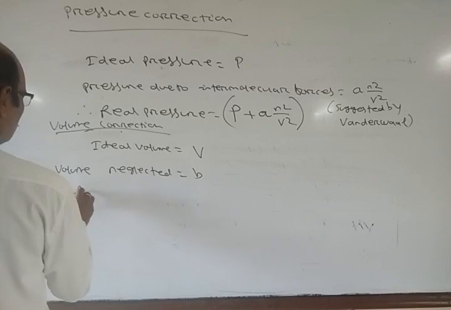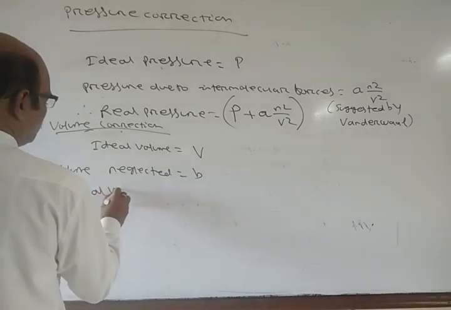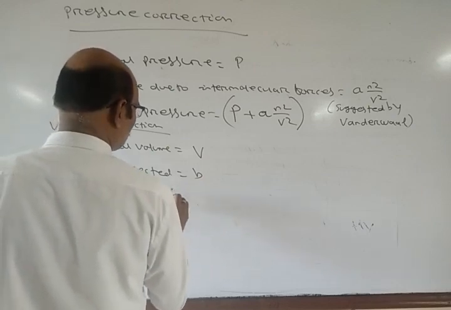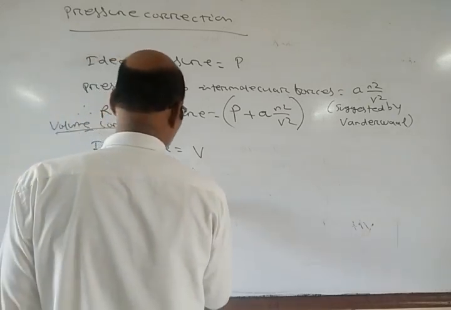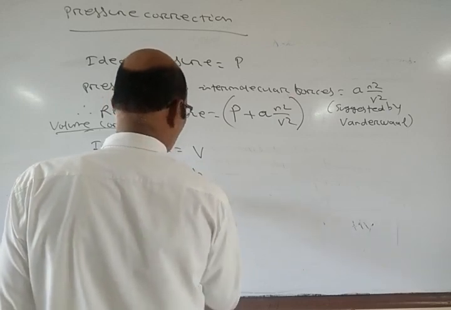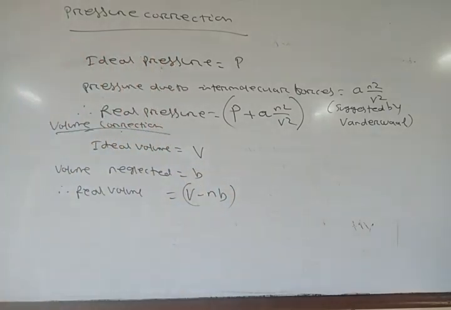Therefore, the real volume is equal to V minus nb. b is for one molecule; for n molecules, nb.